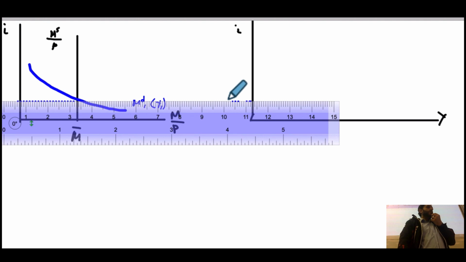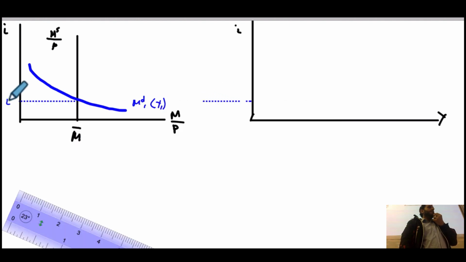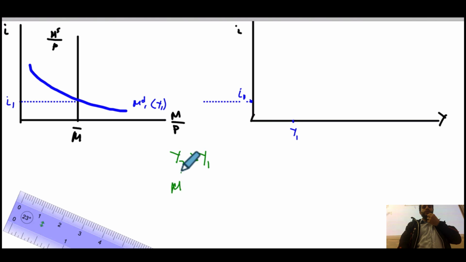Let's call this I1. What I want to know now is, this is the given level of Y, or income. Now if we assume that income has changed, let's say there's an increase in income, Y2 is greater than Y1, how would this change the situation in the money market?